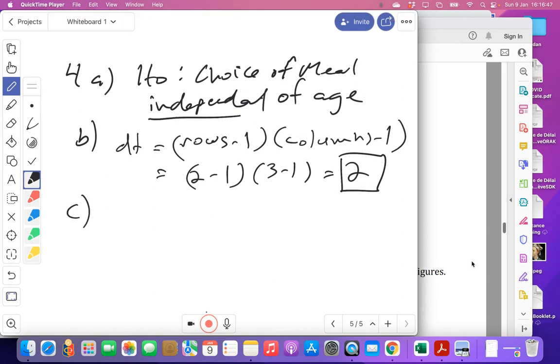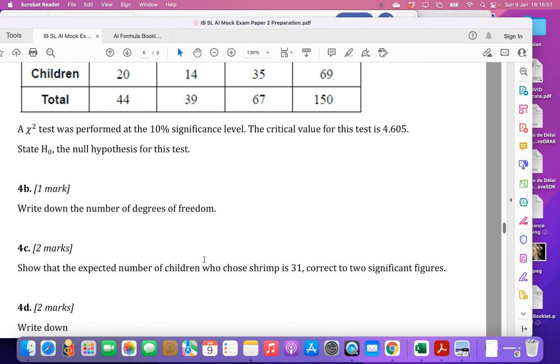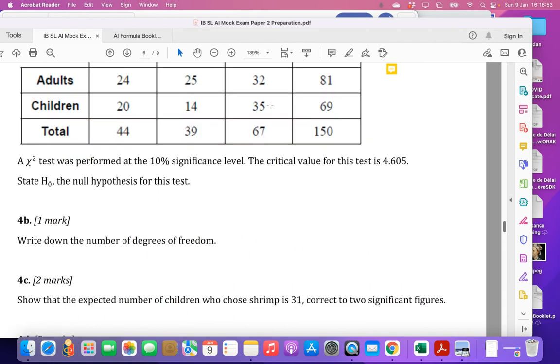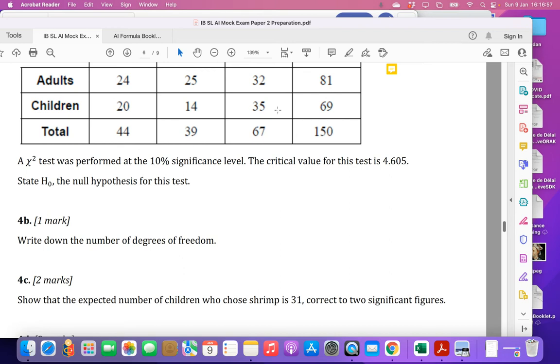Okay, again, the expected frequency for children who chose shrimp. So we're in this box right here. In this box, we're going to do the row total times the column total divided by the total. Again, the expected frequency is not a formula in the formula booklet.